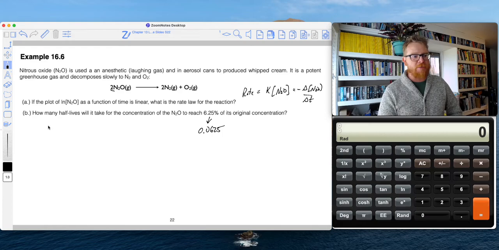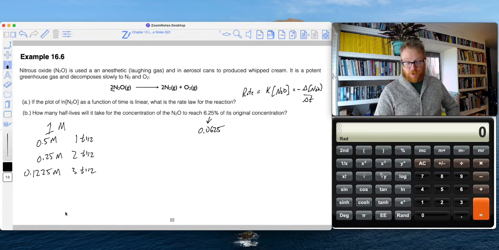So we know at time 0, let's just suppose we have 1 molar. Well, at 1 half-life, we would have 0.5 molar. At 2 half-lives, we would have 0.25 molar. At 3 half-lives, we'd have 0.125 molar.